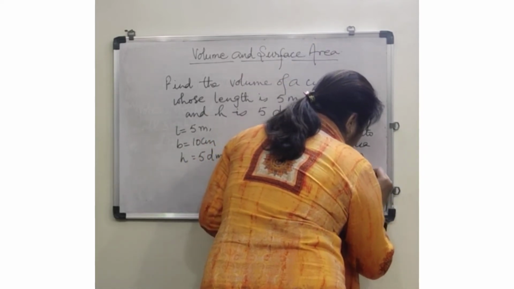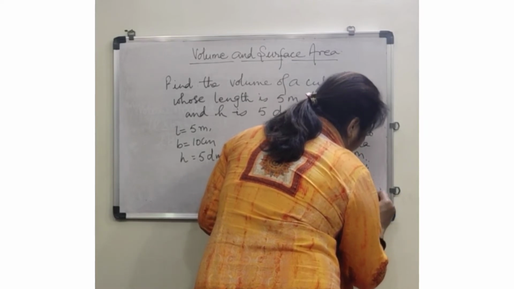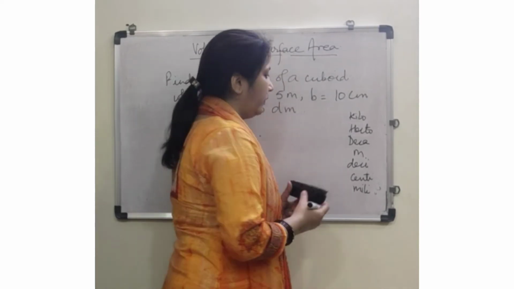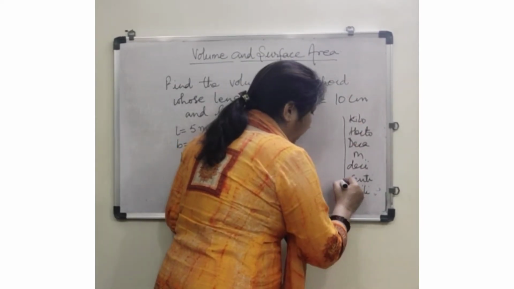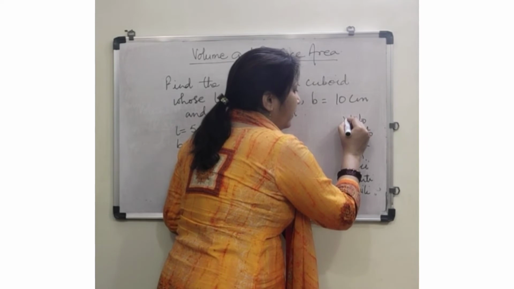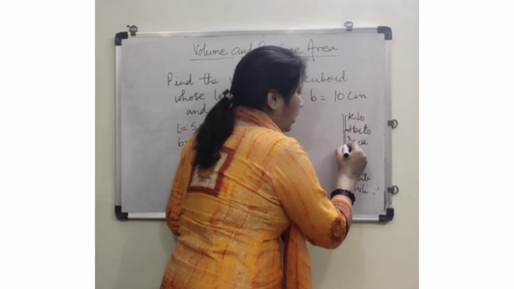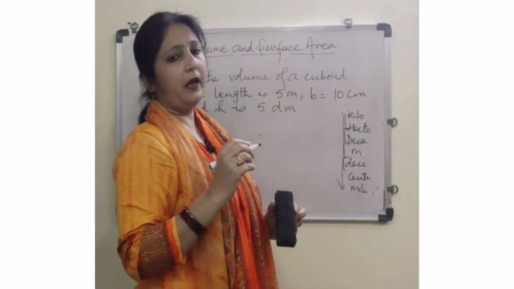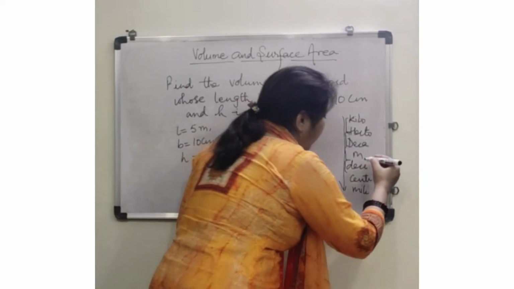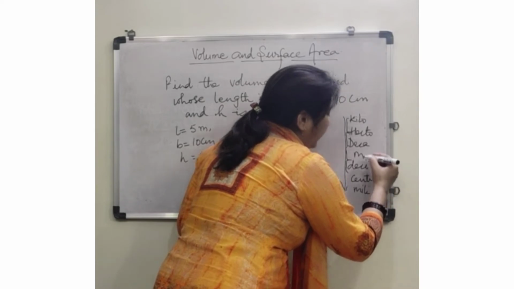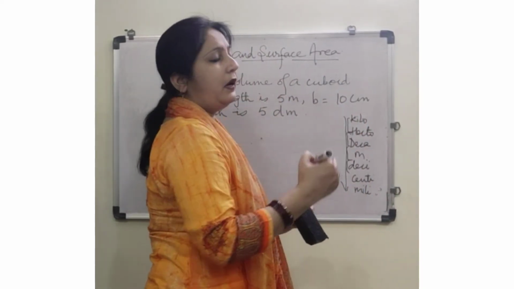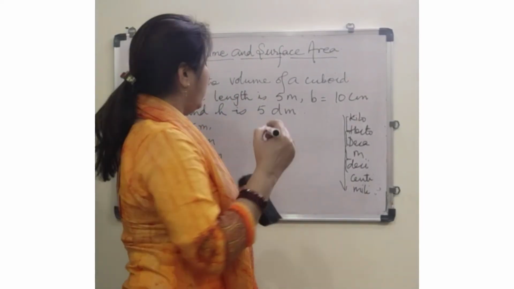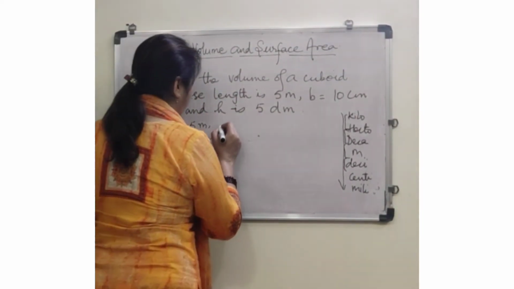So whenever you are going downwards, you are going to a lower unit, which means as many steps as you go down, you will increase the number of zeros with 1 in multiplication. Like if you have to convert meter into decimeter, you multiply by 10. Meter into centimeter, you have to multiply by 100. So by this method, we will convert.